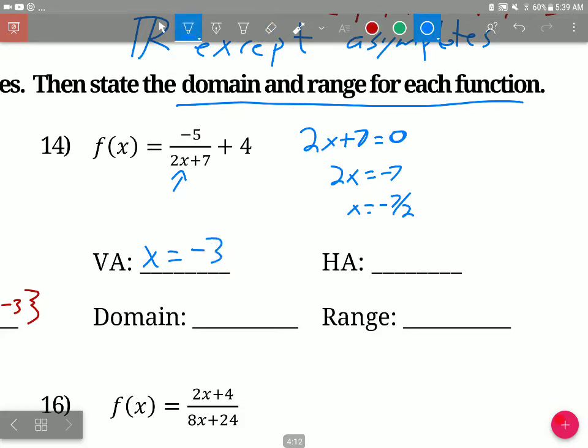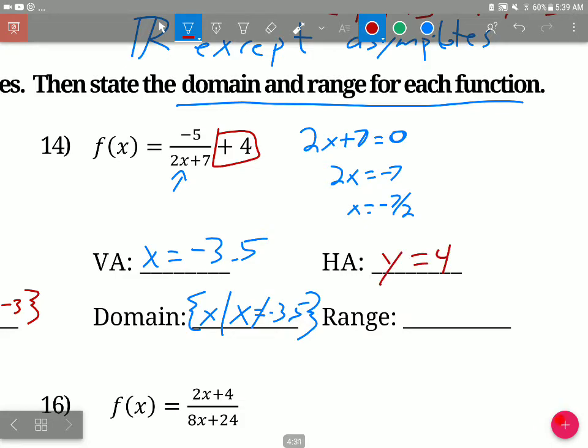Which means my domain is everything except for that negative 3.5. Alright, your range is y equals 0, but it's shifting up, so y equals 4. So introduce your y does not equal 4.